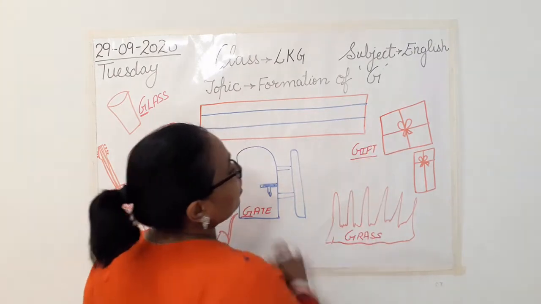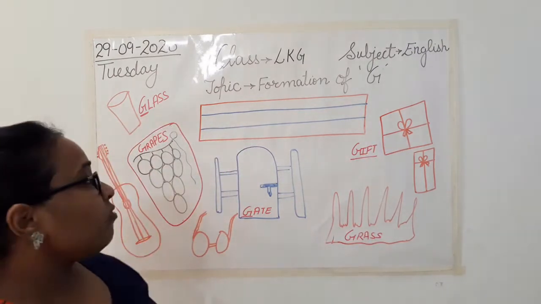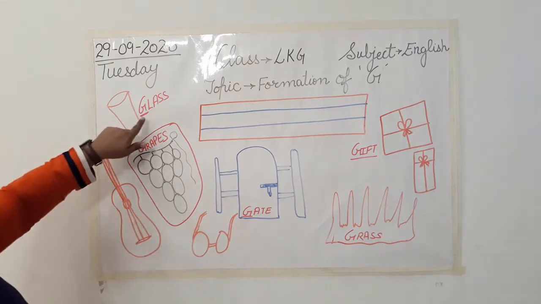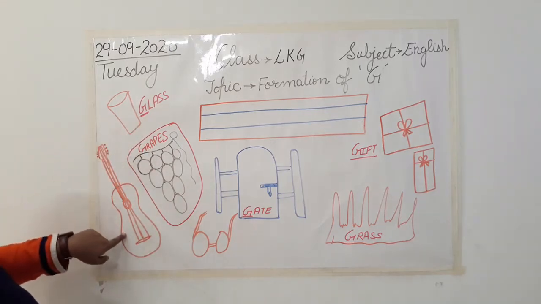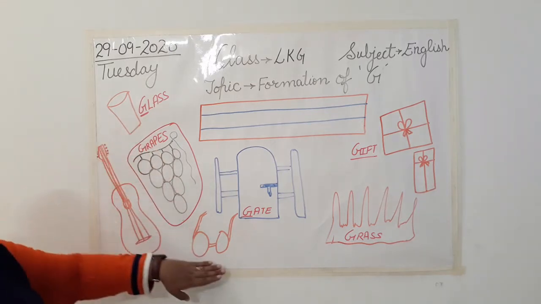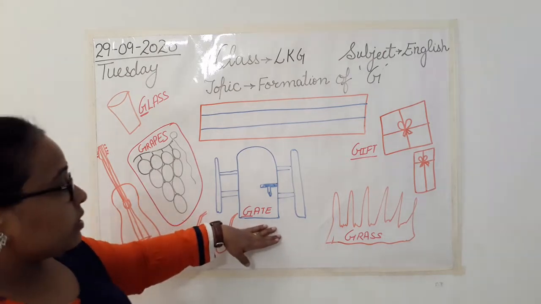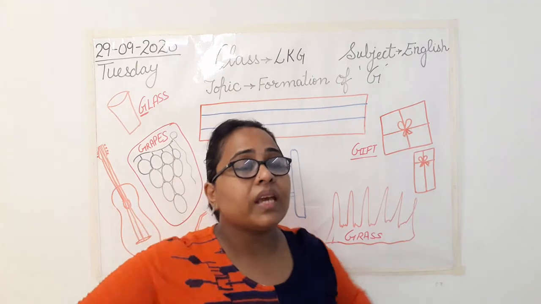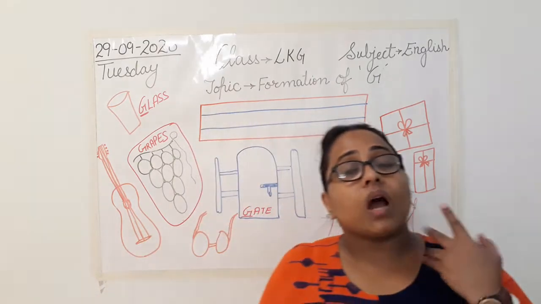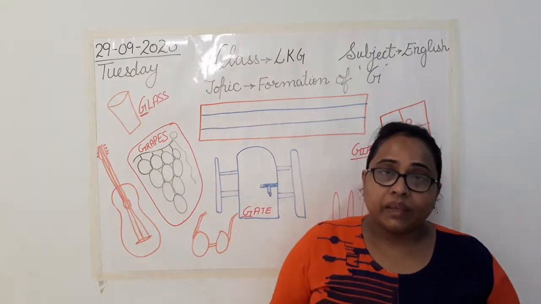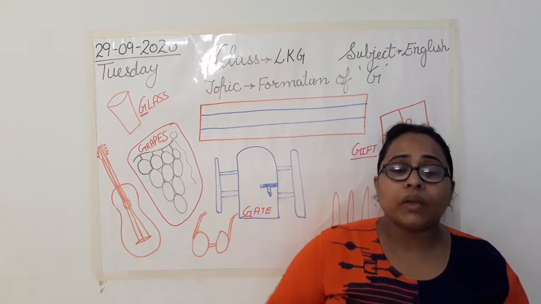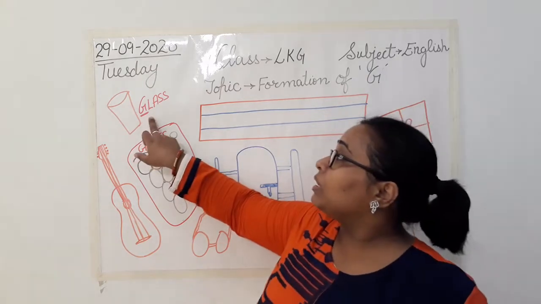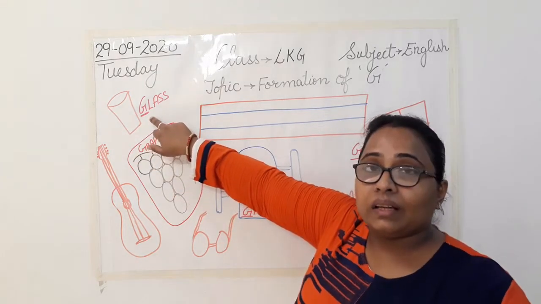So it's a gift. Now when we are talking about glass, guitar, grapes, glasses, gate, grass, gift. So when we are saying these names, what sound is coming out? Can you tell me the sound that is coming out? G, glass.